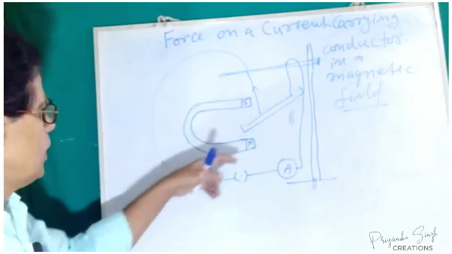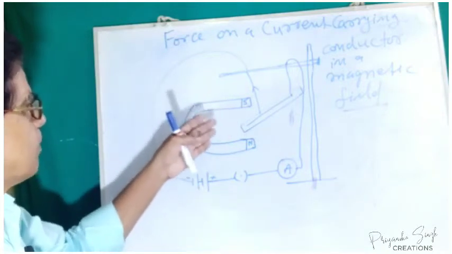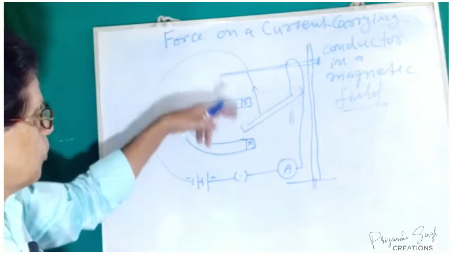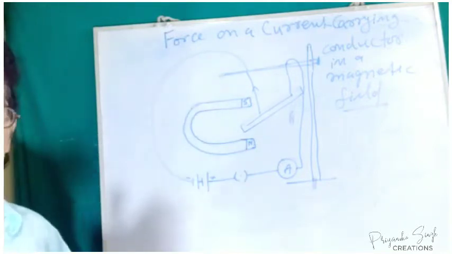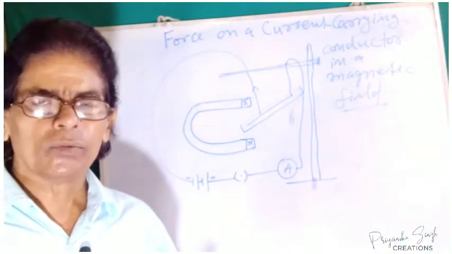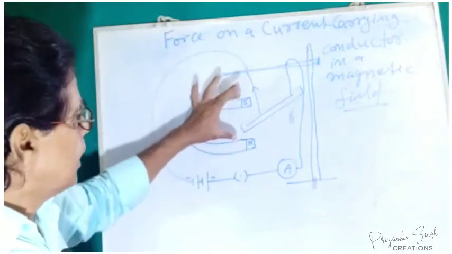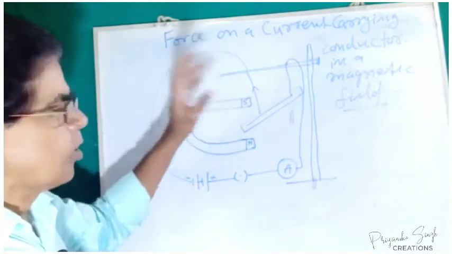This is a permanent horseshoe magnet, or U-shaped magnet, in which the two poles, north and south, are near each other. They form a uniform magnetic field between the north and south pole.